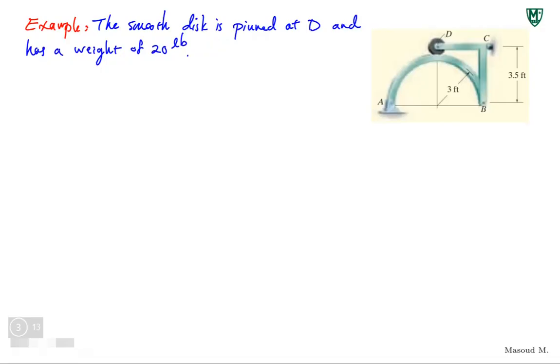So we know this disk D is attached. It's pinned, and we also know its weight is 20 pounds.